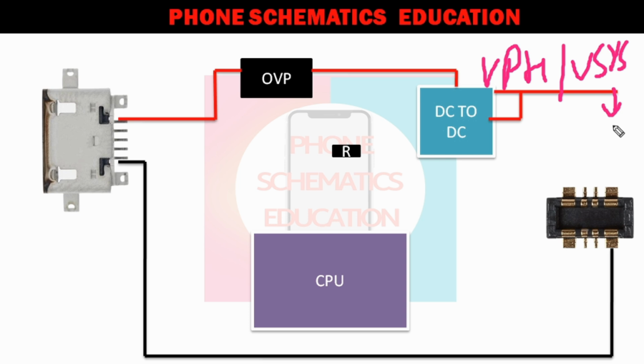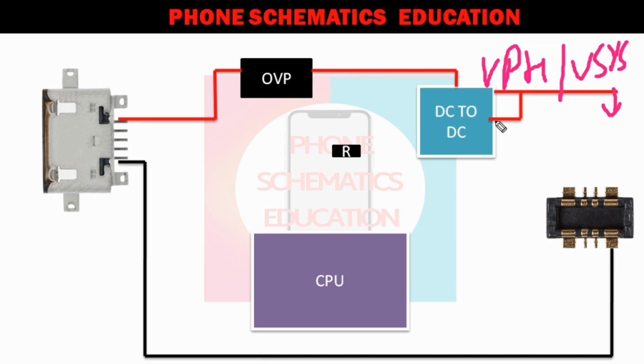Most of the sections need this voltage because this is our always voltage, our main voltage VPH. I've already described in detail what this voltage is in a previous video, so I'm not talking about the VPH line or V system line in this video, how this line works, how to trace this line. If you want, go and check out the previous videos.